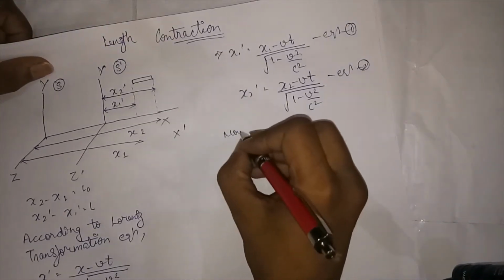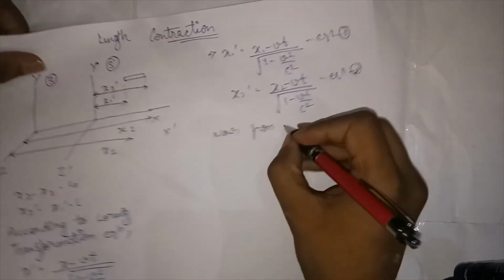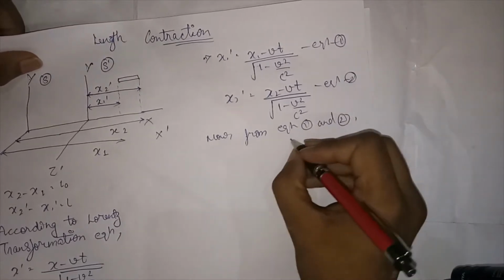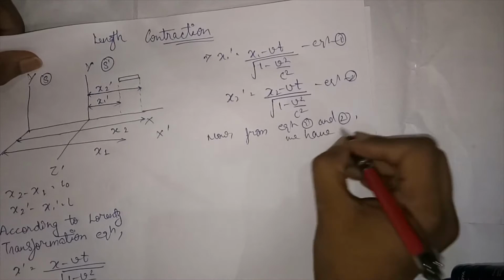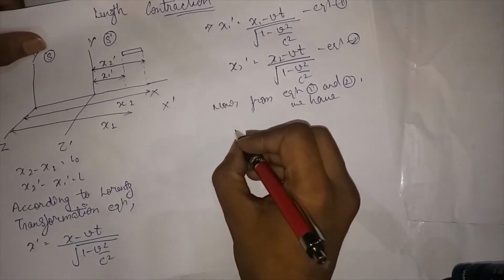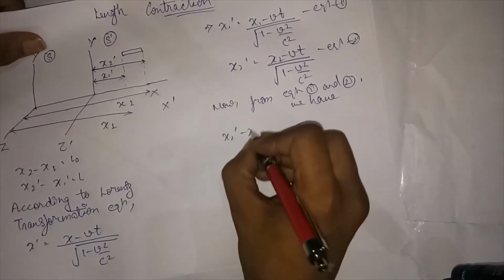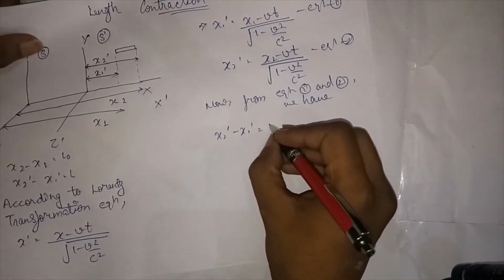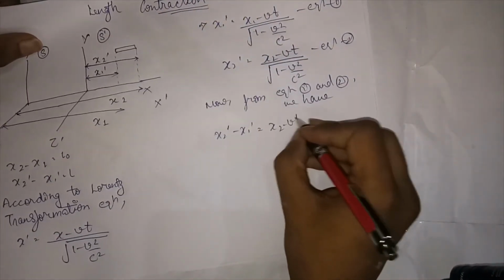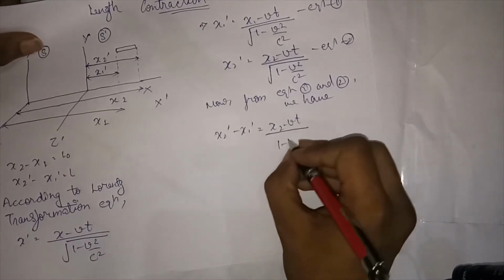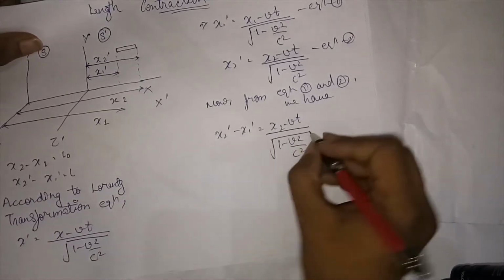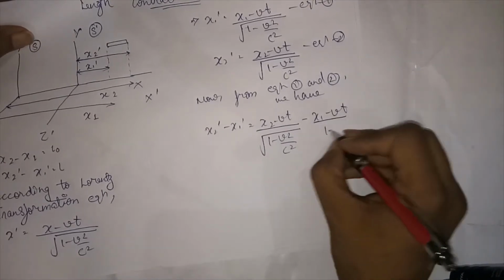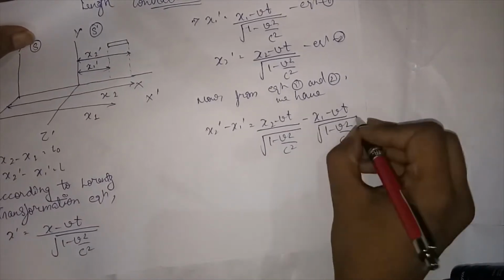Now from equation 1 and 2 we have x2 dash minus x1 dash. Putting the value of both the equations, we have x2 minus vt upon under root 1 minus v square upon c square, minus x1 minus vt upon under root 1 minus v square upon c square.